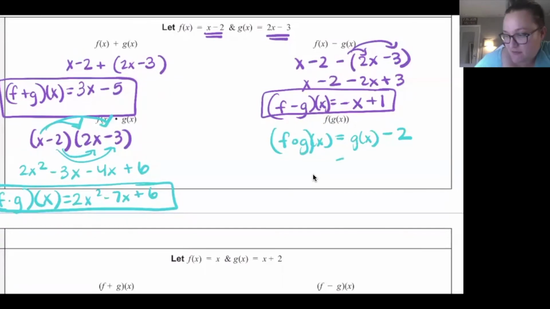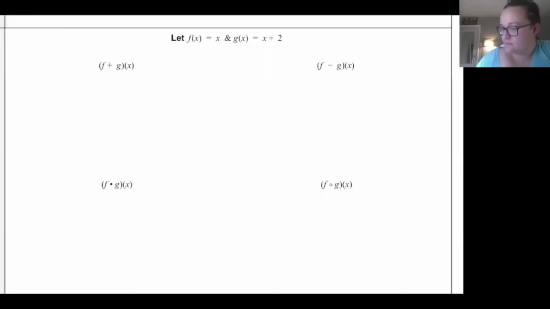Well, what is g of x? G of x is 2x minus 3. And we still have that minus 2 from f of x. So 2x minus 5. So f of g of x is equal to 2x minus 5.